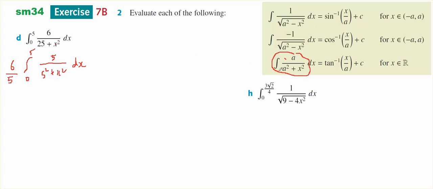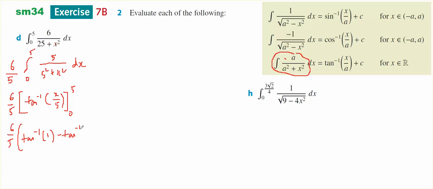Now it's in this form, so it's going to equal 6 on 5, the inverse tan of x over a, which is 5, from 0 to 5. 6 over 5, the inverse tan, put the 5 in first, that gives me 1, minus the inverse tan, putting 0 in, that gives me 0. 6 over 5, the inverse tan of 1 is pi on 4, because the tan of pi on 4 equals 1.